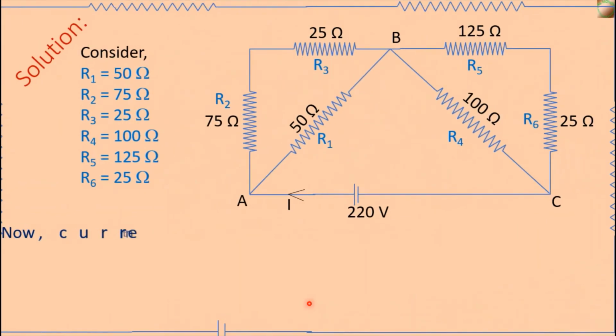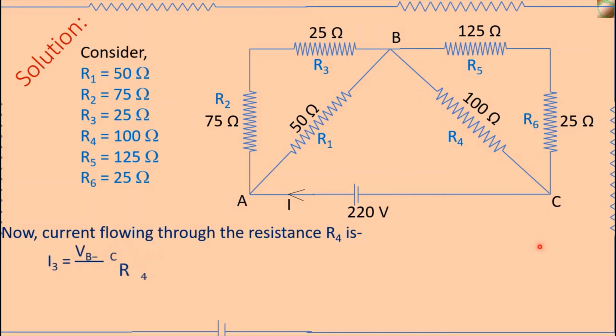Now the current flowing through the resistance R4. Here R4 is equal to 100 ohm, and the potential difference between the two ends of this resistance, B and C, is VBC.